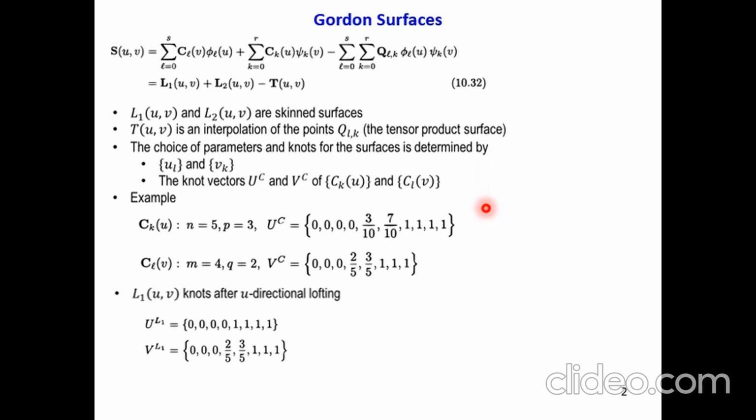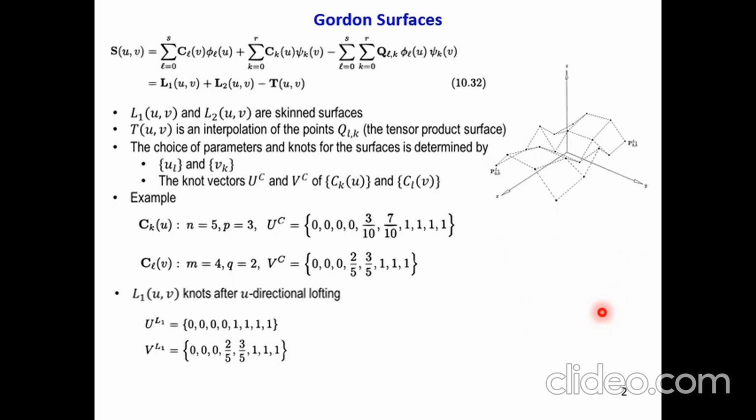To give an example, we'll look at C_k^u described by n equals 5 and p equals 3, and the knot vector you see, and C_l^v with m equals 4, q equals 2, and its knot vector. The first thing that we're going to do is unidirectional lofting or skinning for the L1 surface, and these are our resulting knot vectors.